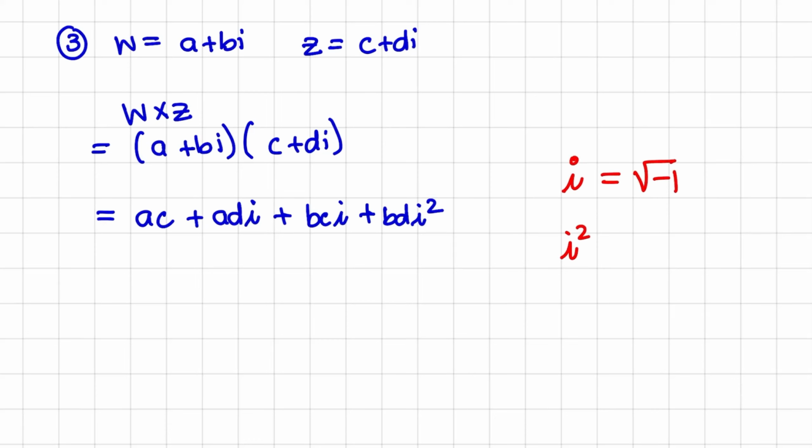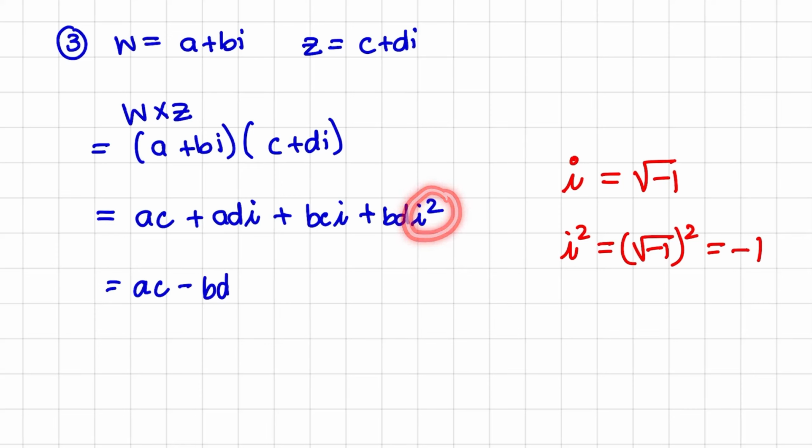So i squared would be equal to the square root of negative 1 squared, which is equal to negative 1. So when we simplify, we have AC minus BD, where the i squared changes to negative 1. So we have (AC minus BD) plus (AD plus BC)i.